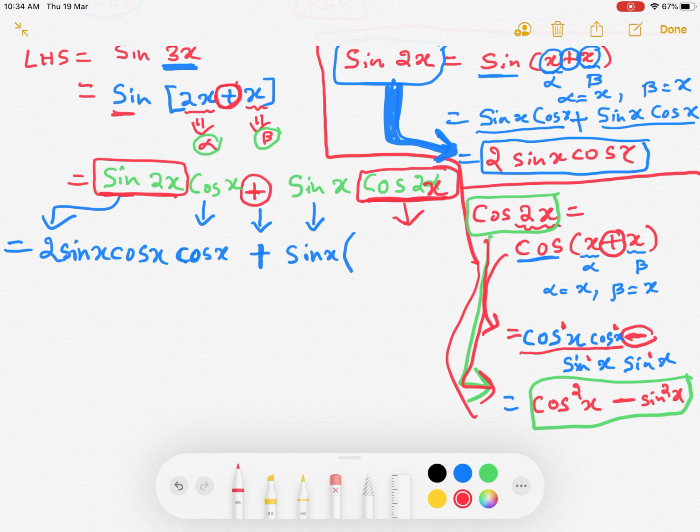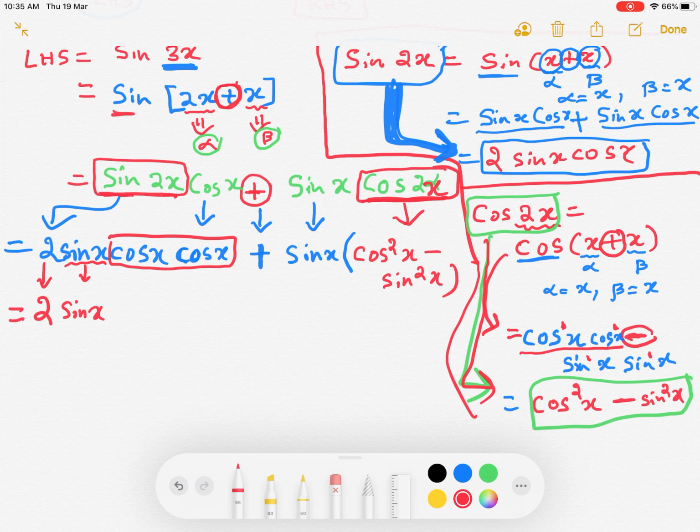Cosine 2x is cosine square x minus sine square x. That is equal to 2 sine x, write as it is.